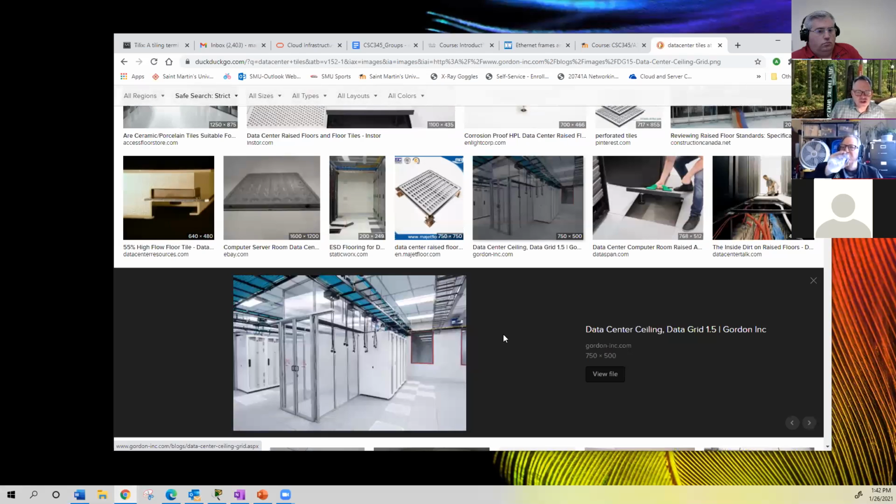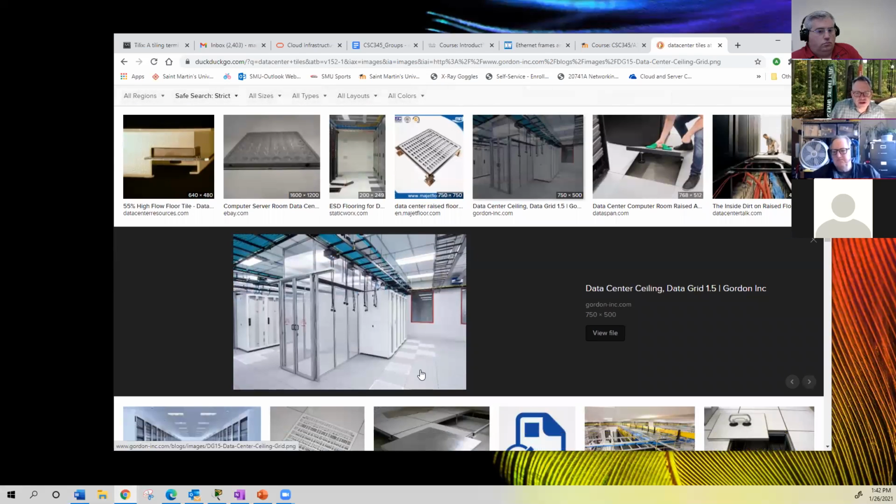Here you see that the cold aisle is not isolated, but the hot aisle is isolated. Cold air is coming up through these perforated tiles. It gets pulled into these white racks, heated up as it goes across those hot elements in the server, and exhausted out the back into this hot aisle area.